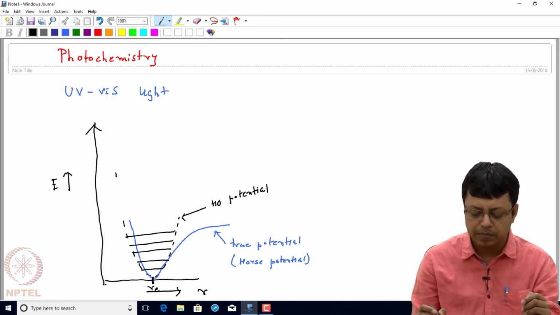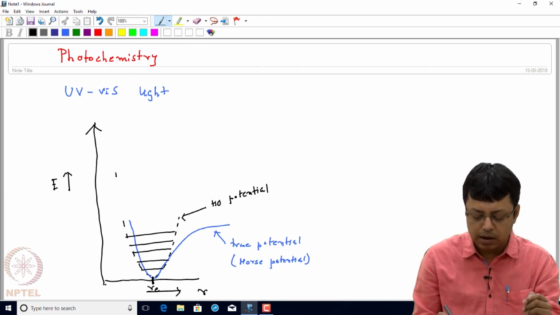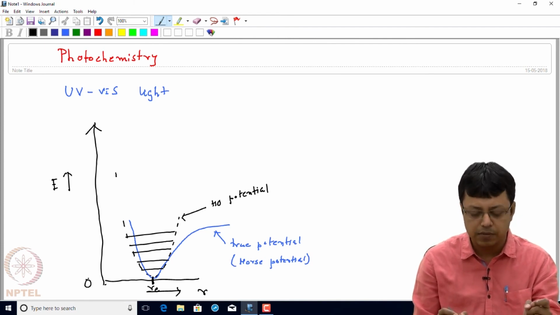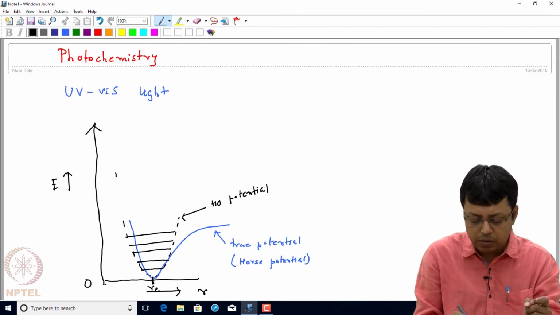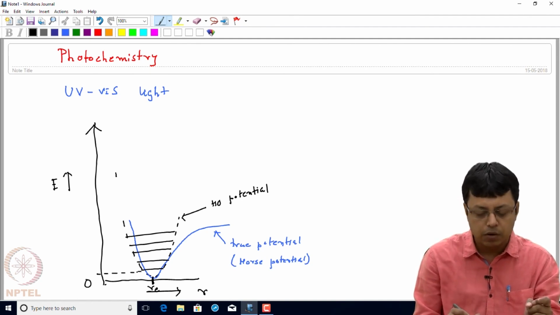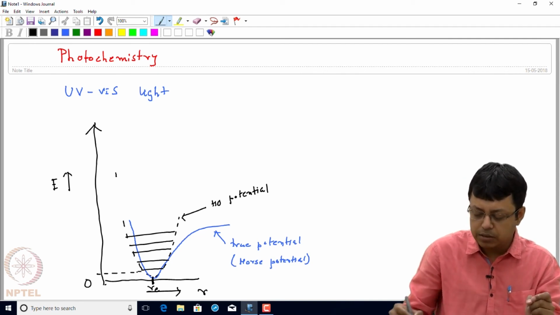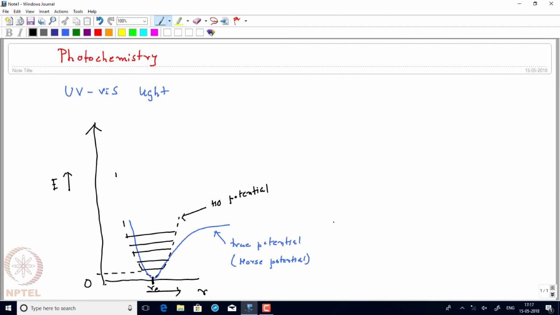As you can see, this is basically the ground electronic state, and suppose this energy is 0, the reference zero of energy. You know that the molecule should have a minimum energy equivalent to its zero point vibrational energy. If I zoom in here, I have a harmonic oscillator like this.